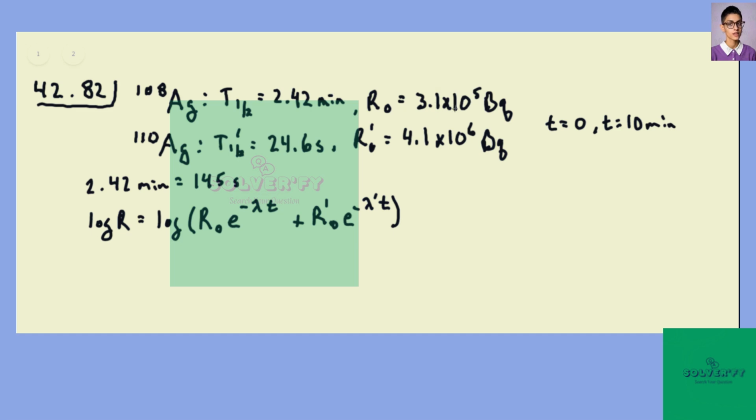So r naught is this, r naught prime is this, and lambda, as usual, is the natural log of 2 divided by the half-life.